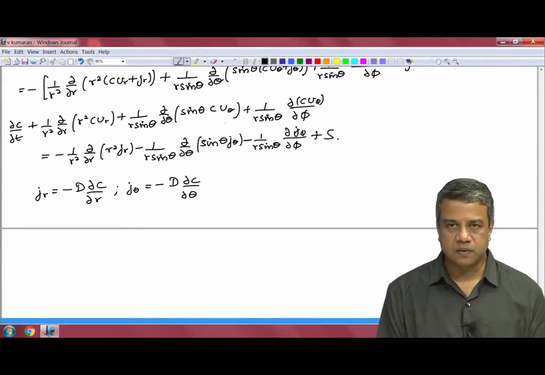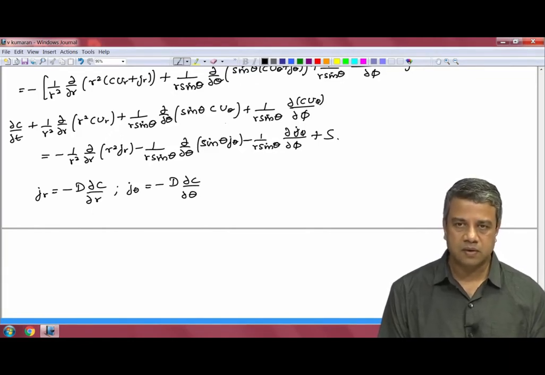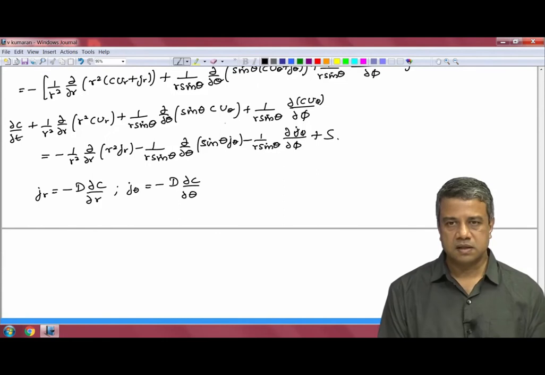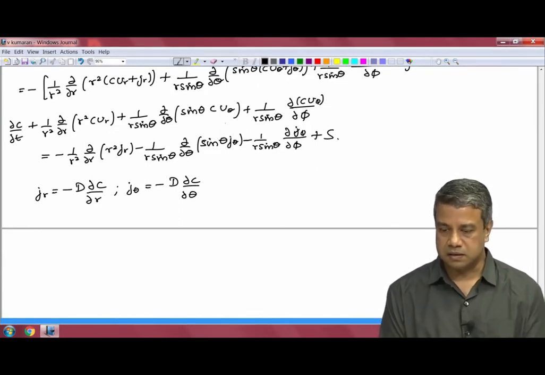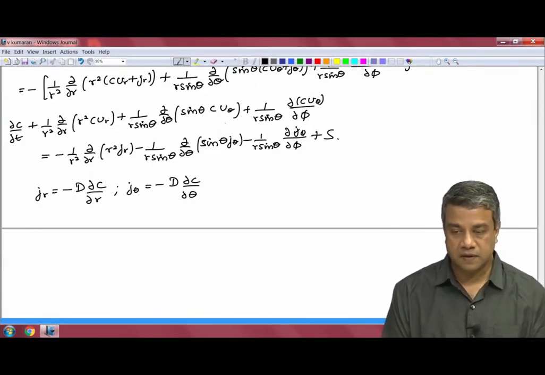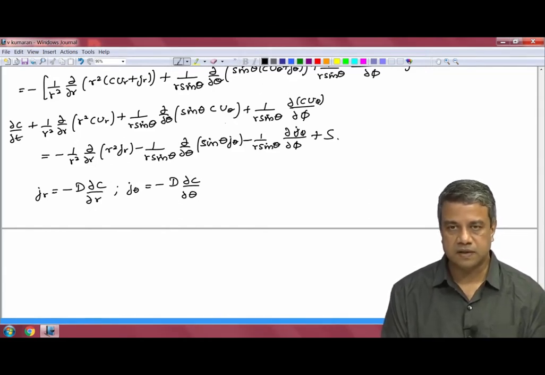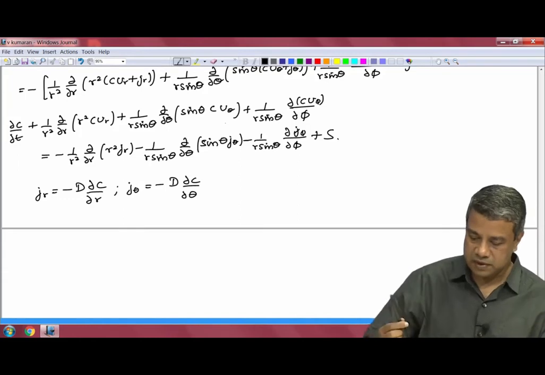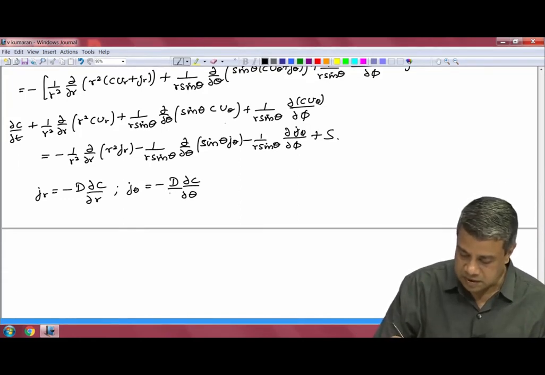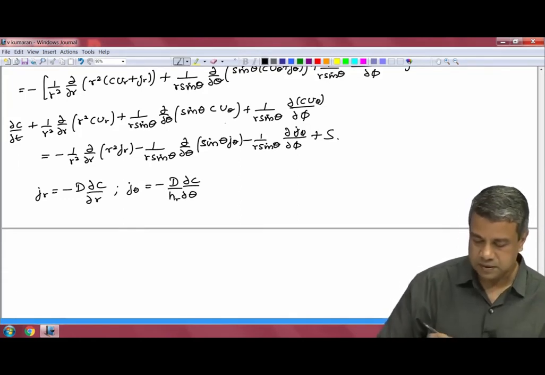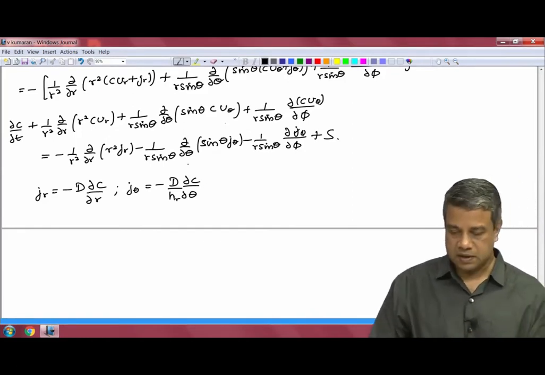When you increment the angle theta by a small amount delta theta, the distance moved is r times delta theta. Therefore, the flux has to be equal to minus the diffusion coefficient into the difference in concentration by the distance moved, and that distance moved is h r times delta theta.